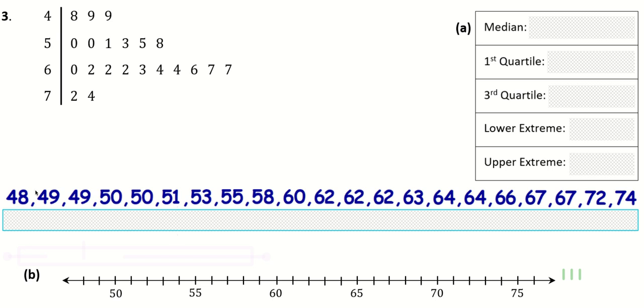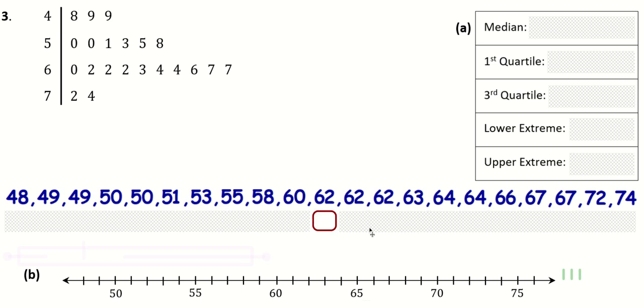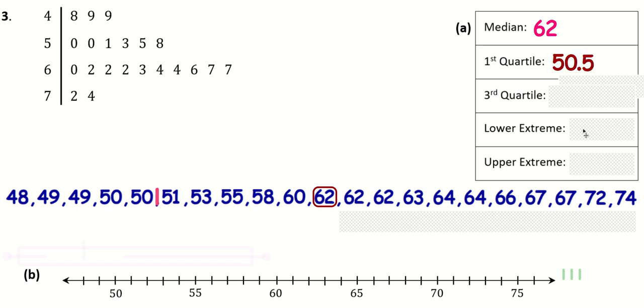So I think there's going to be like 1, 2, 3, 4, 5, 6, 7, 8, 9, 10. And I think there's the middle number with 10 numbers on each side. So we have like 62. And then the lower quartile, looks like we have to go in between the 50 and the 51.